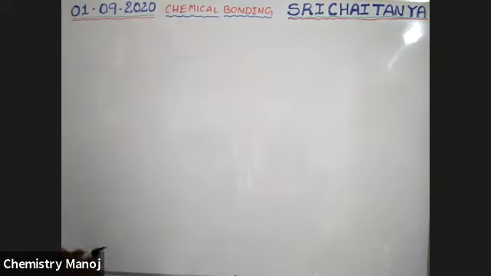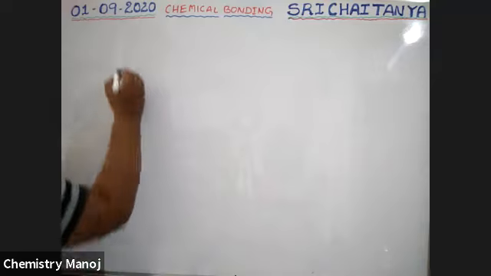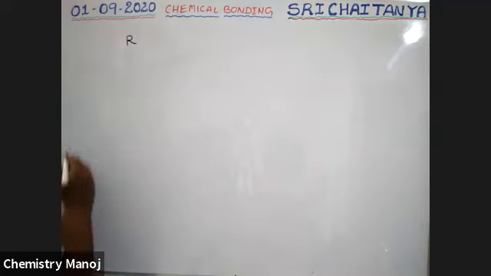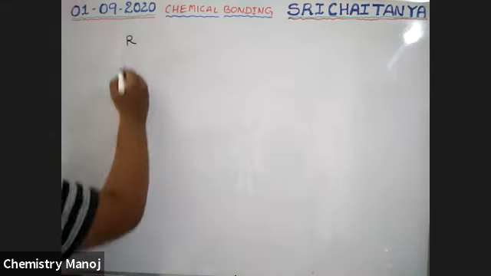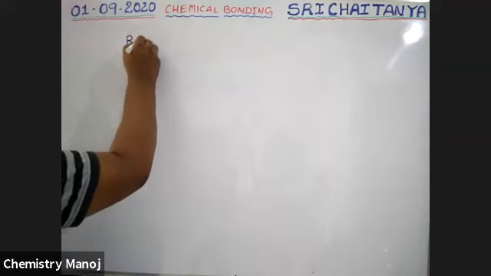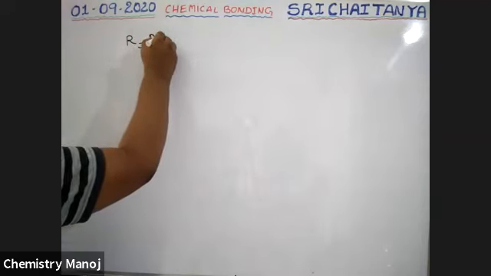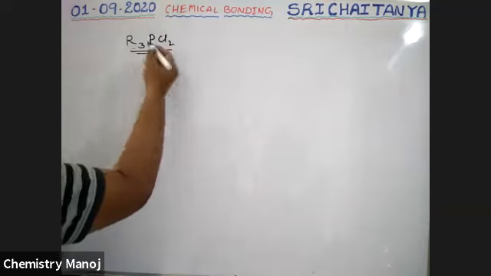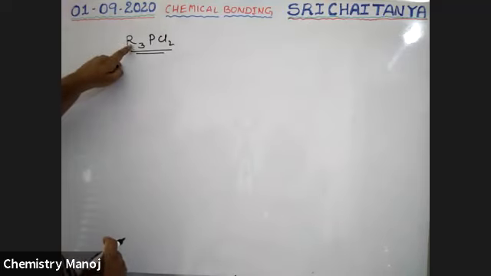For example, alkyl groups are attached. R3PCl2, this is the molecule, boys. Alkyl group, organic compound.